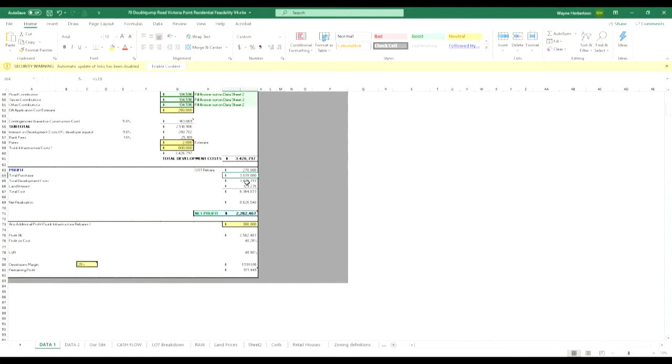The GST rebate, you get the GST back, then you get the total purchase price, you got the development costs, and you got the land interest coming off there. The total cost is 6.346. So that's the total cost of everything there.